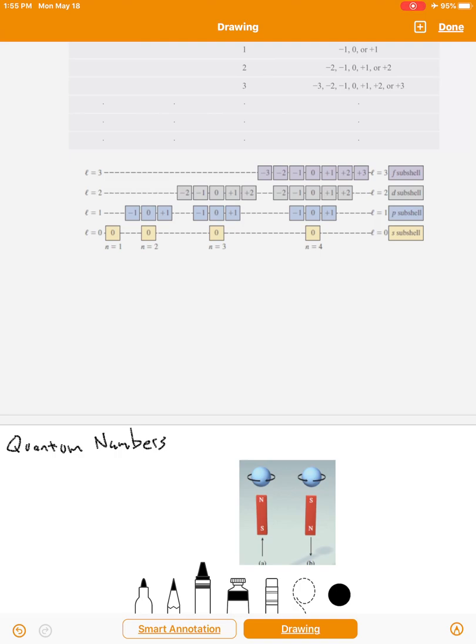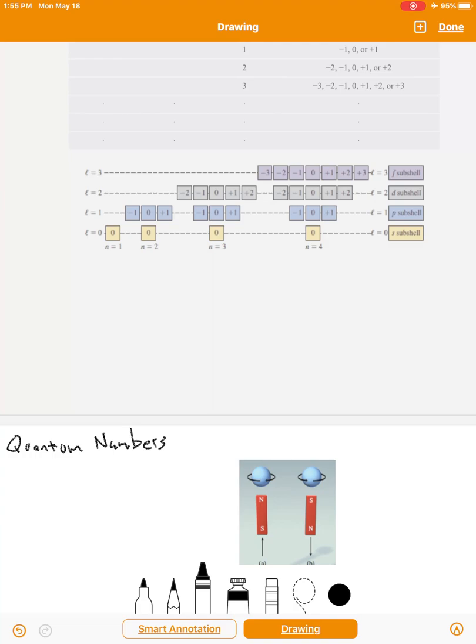Okay? Now, there's some terminology here. For any set of quantum numbers where n equals 1, we're going to call that the n equals 1 shell. For any of these boxes or sets of quantum numbers, if n equals 2, we're going to call that the n equals 2 shell.